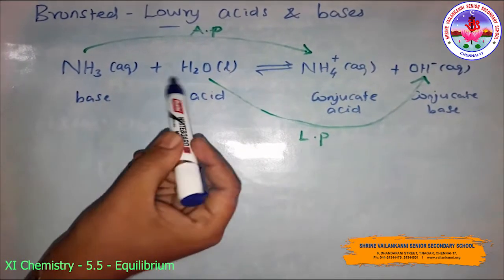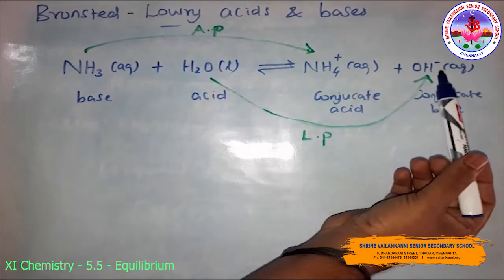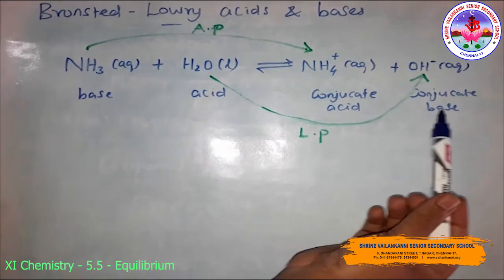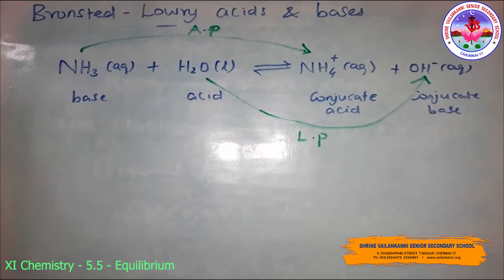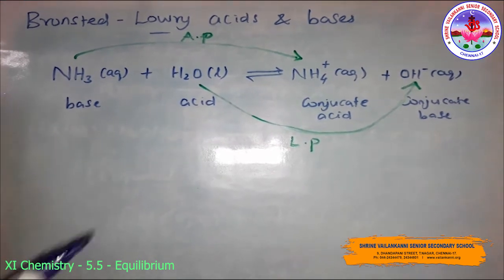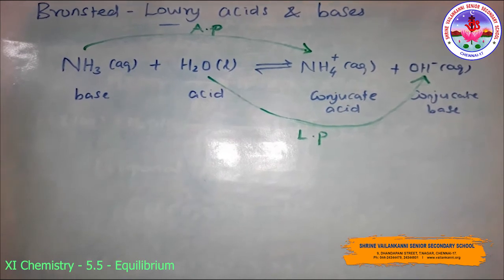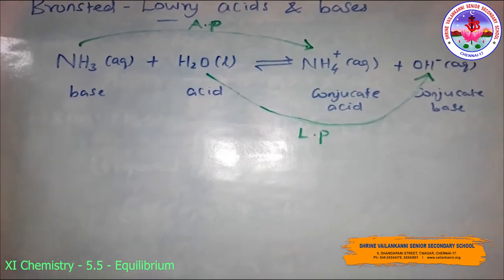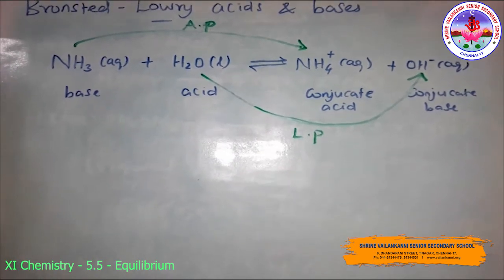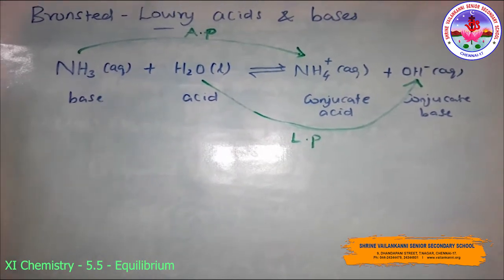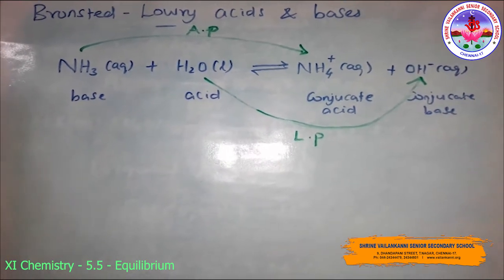That means one hydrogen ion, that is a proton, is lost to form OH minus. So this is called conjugate acid and conjugate base. In this reaction the water molecule acts as a proton donor and the ammonia molecule acts as a proton acceptor. This is called the Bronsted-Lowry acid and base theory.